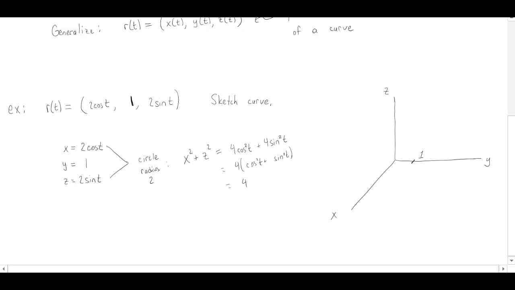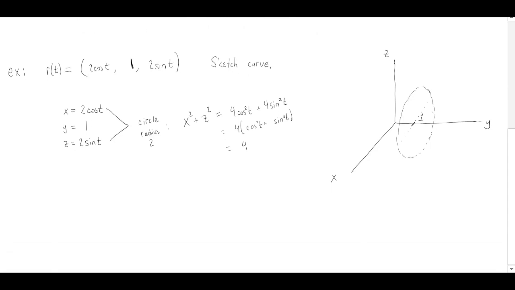However, we're not in the xz plane, we're at the y value, y equal to 1. So that means we should be somewhere out here instead of in the xz plane where y is 0. So this curve is going to be a circle of radius 2, but located in the y equal to 1 plane. Imagine this being parallel to the xz plane, all right? So that would be what this curve looks like.